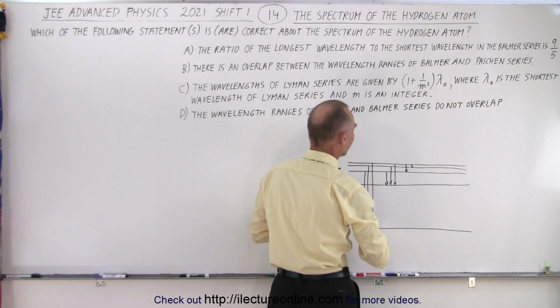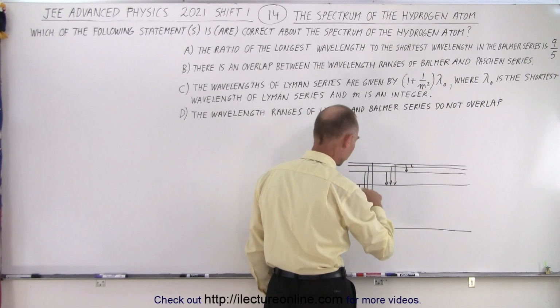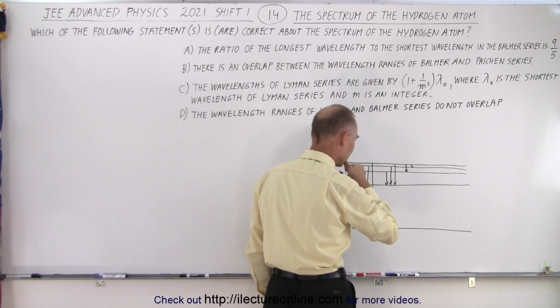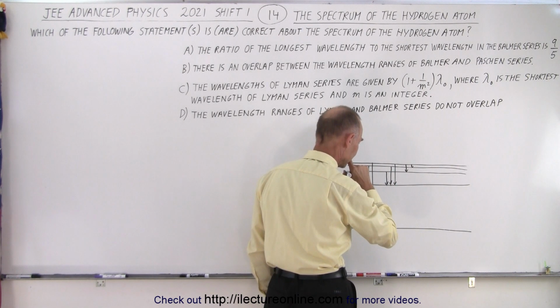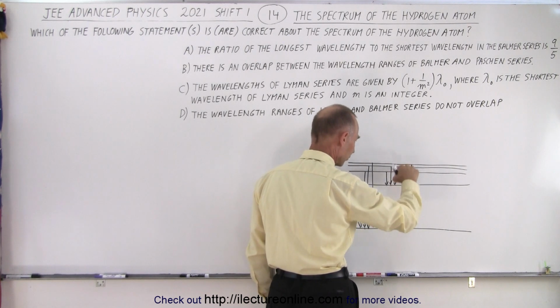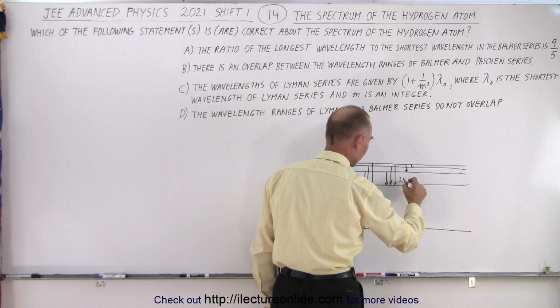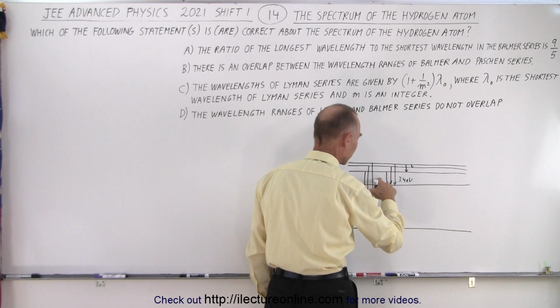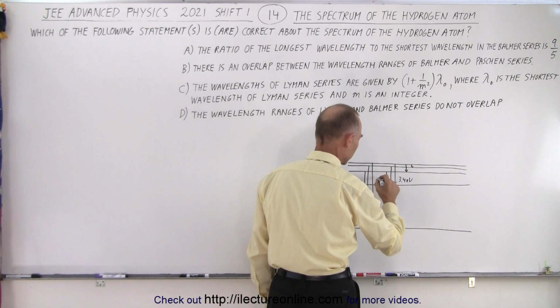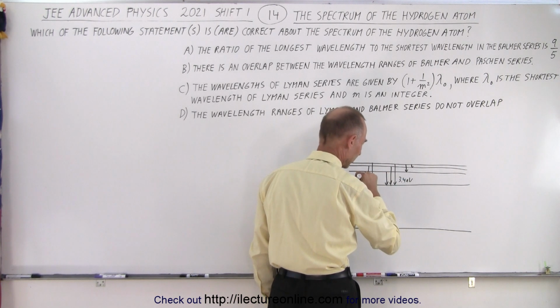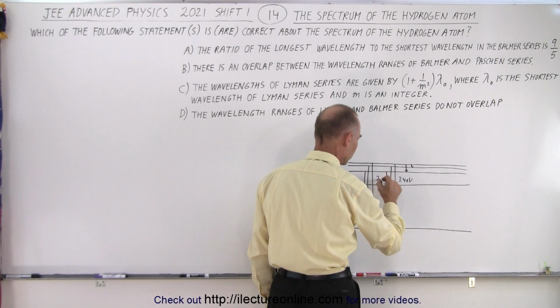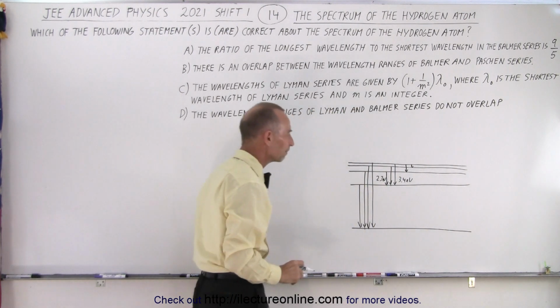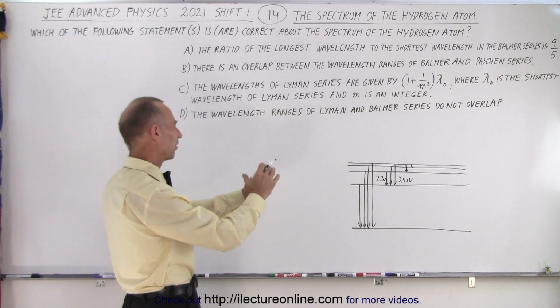Here, this would be 3.4 electron volts, and then this one would be 3.4 minus 1.1. That's for the red light, about 2.3 electron volts, I believe. Something like that, but of course, that's not that important.